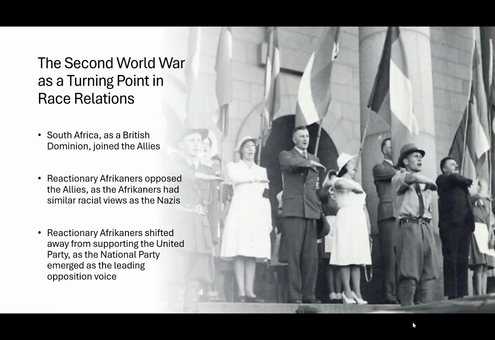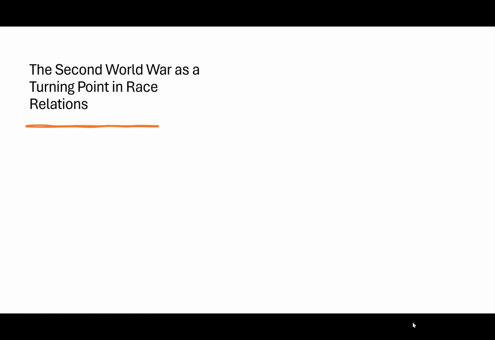So as the Afrikaners are being impacted by the wars, their sons are being either recruited or drafted, they're like, hey, we're fighting the wrong country. And really they begin to question their belonging to the Dominion. And as the Second World War seemingly negatively impacted the Afrikaners, it is going to be seen as a turning point in race relations.